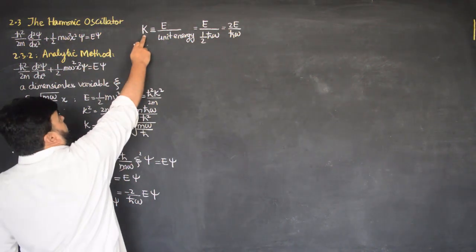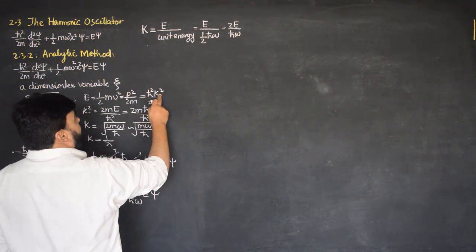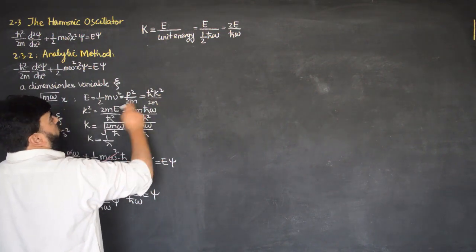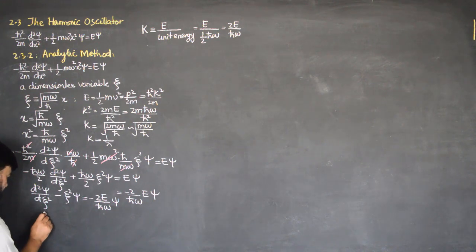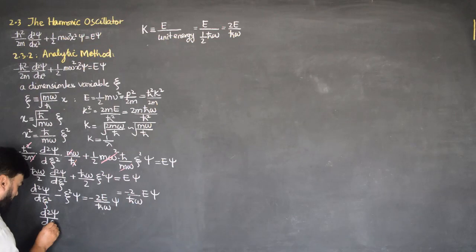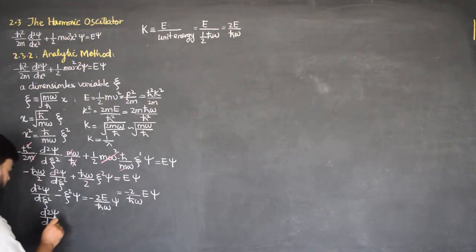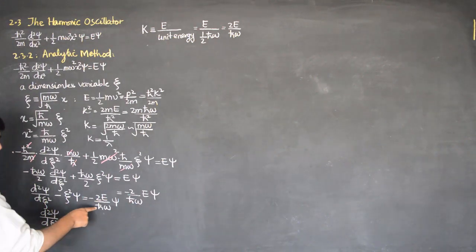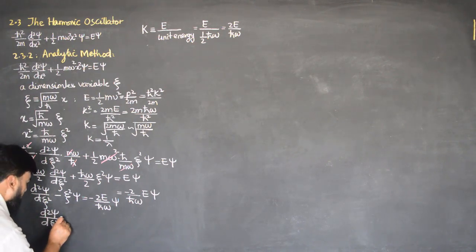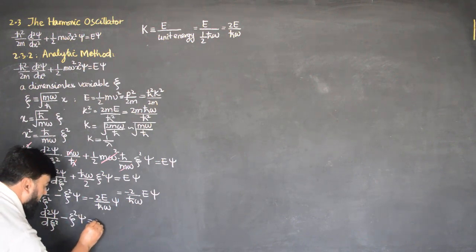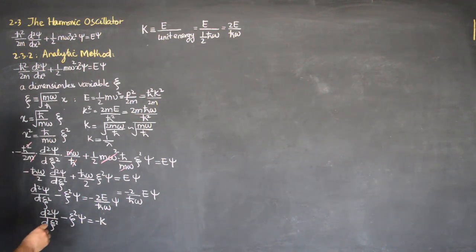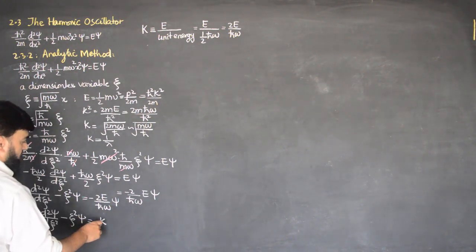Keep in mind that this capital K is the energy, while the other small k is a wave number. So these two are different things. We will have d square psi over d xi square, and if I write for this K, this xi square psi will go to the other side, equals minus K psi.